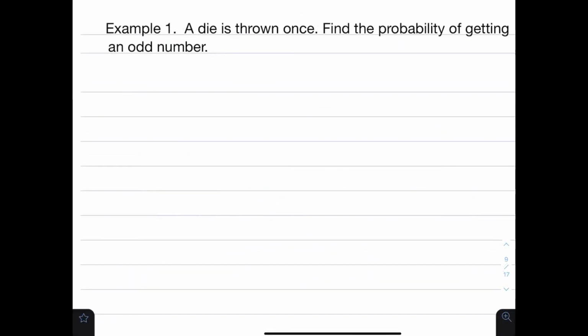Example 1. A die is thrown once. Find the probability of getting an odd number.